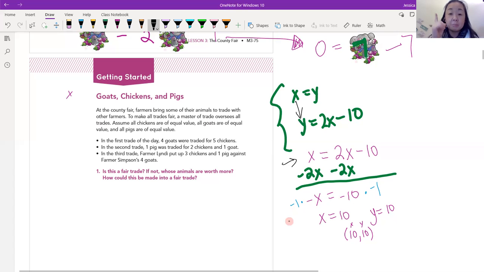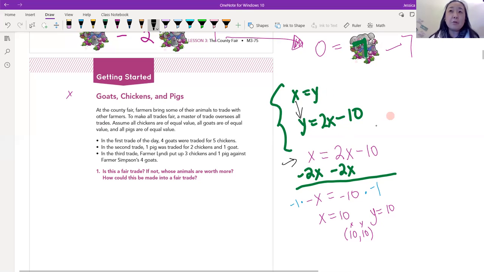Remember, we can either multiply by -1 or divide by -1. This is the only time where you can get rid of a multiply by multiplying, right? Because -1 times 1 is just 1. So that doesn't change the value. So here, we're just going to get X equal to 10. And so if X is equal to 10, that means Y has to equal 10. Because why? X is equal to Y. Exactly. So this is our point, 10, 10.